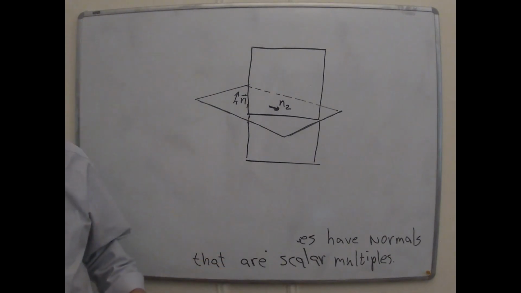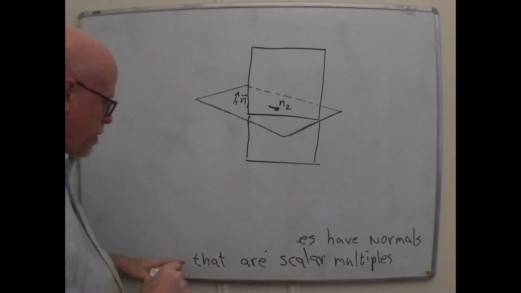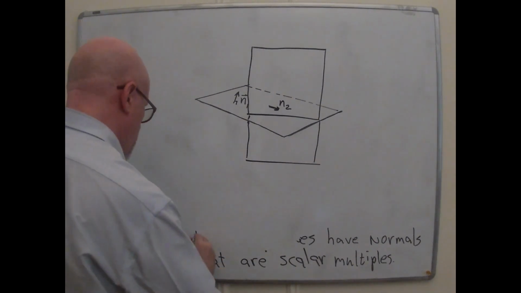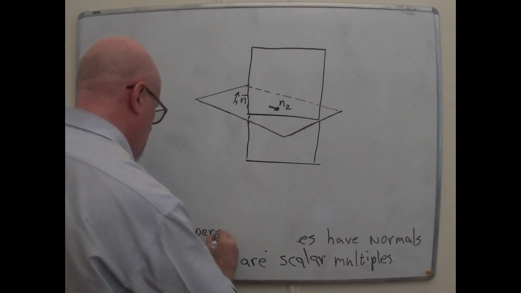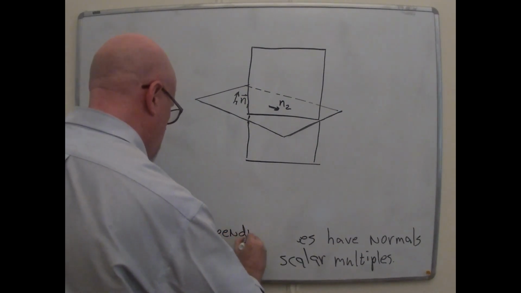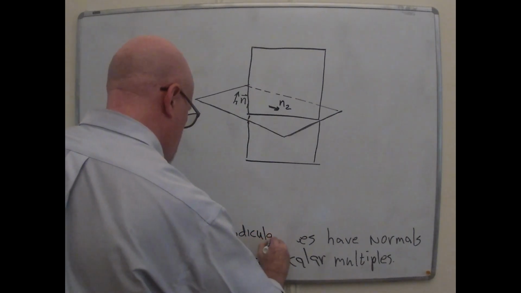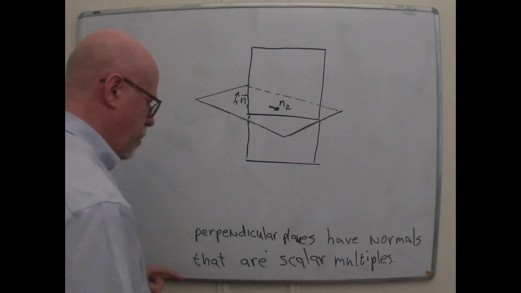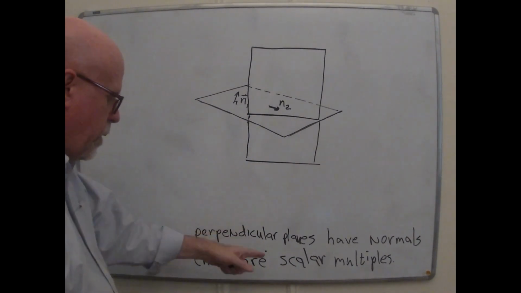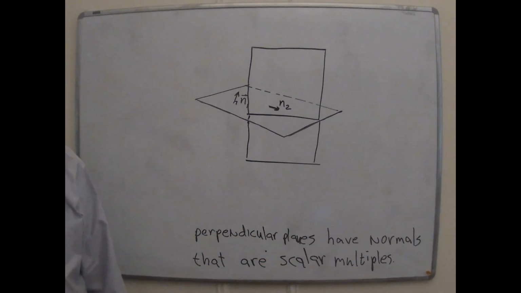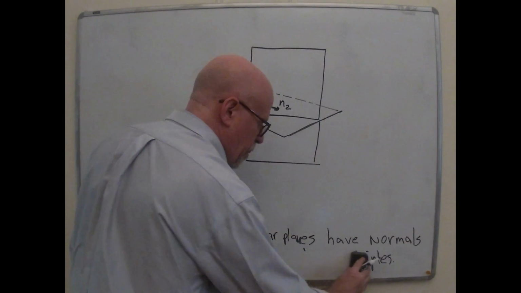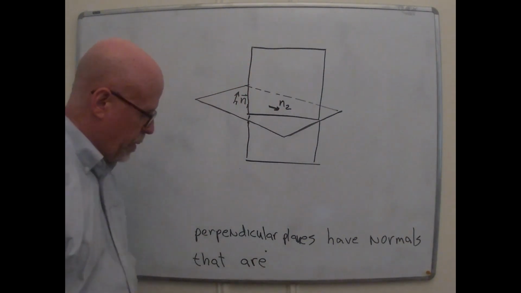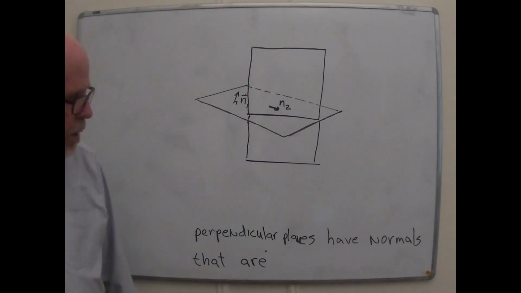Well, I just realized I have a labor-saving possibility here. Perpendicular planes, almost erased it, and then I wouldn't have to have normals that are, yeah, scalar multiples won't be the case anymore. That would be parallel. But so maybe I didn't save that much writing.